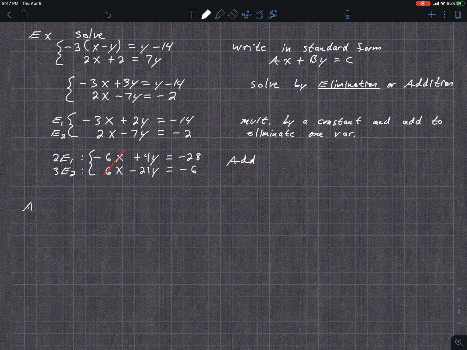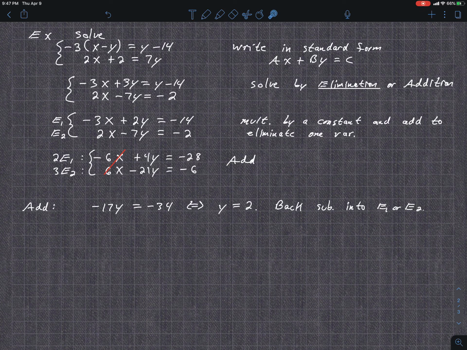So by adding, these two will be gone. That's 0. So what you get then is negative 17y equal to negative 34. And then divide those, and what do you get? You get y is equal to 2.